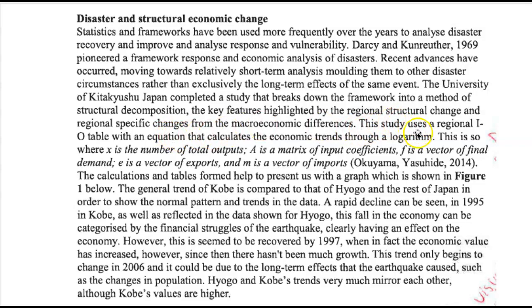And she goes into a particular study and she uses another academic reference here, this time from two Japanese academics, Yukiyama and Yoshidi. Forgive my pronunciation there if it's wrong. And she talks about the tables and the calculations which are going to follow below.